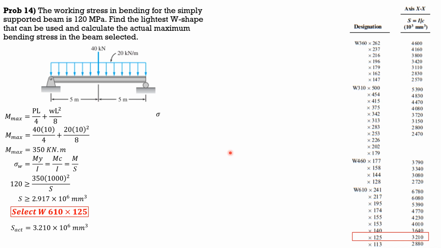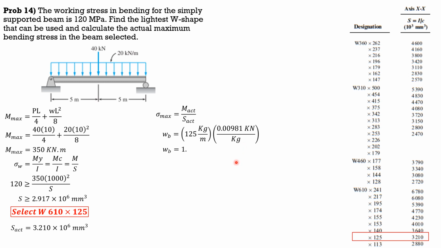So therefore, the sigma max is moment actual divided by section modulus actual. The actual moment is 350 plus the additional moment due to the weight of the beam. The weight of the beam is 125 kilogram per meter times 0.00981 kilonewtons per kilogram.